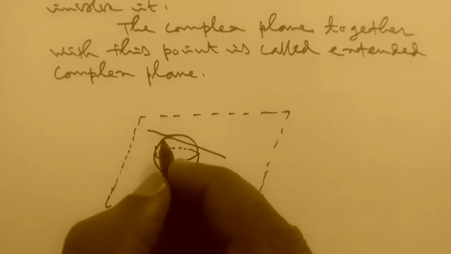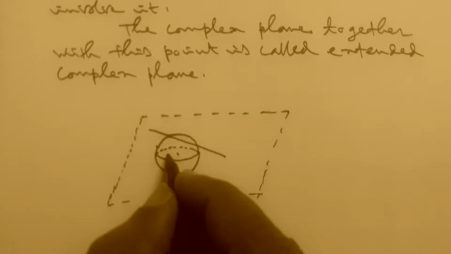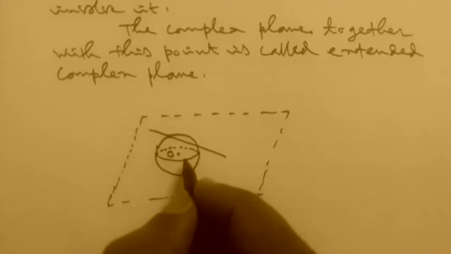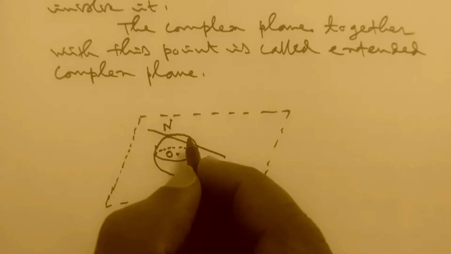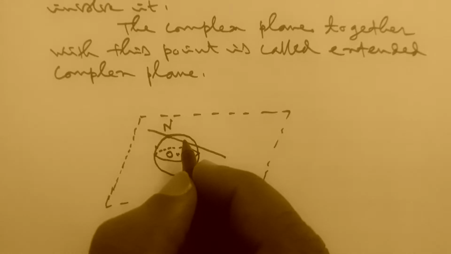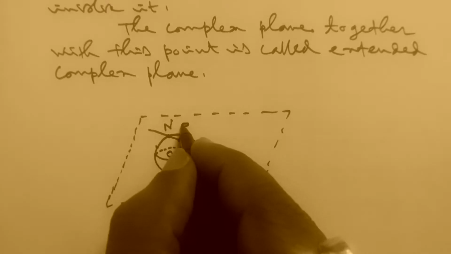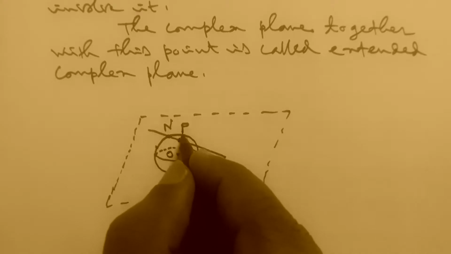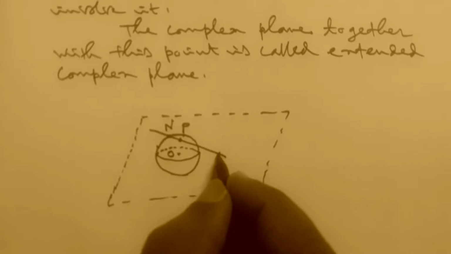If we draw a figure here, it is a sphere centered at z equals 0, that means the origin, and another point is called the north pole N. The point P is determined by the intersection of the line through the point Z and the north pole of the sphere with the surface. This point is called P, and the Z here.